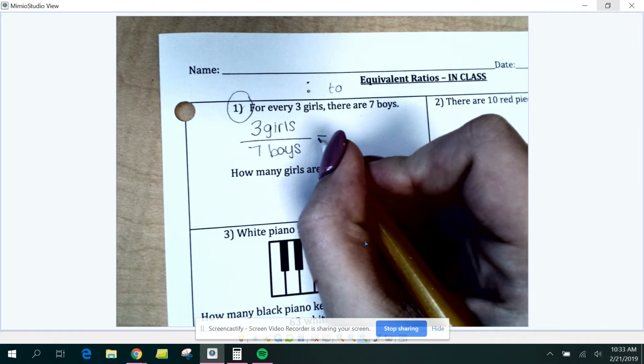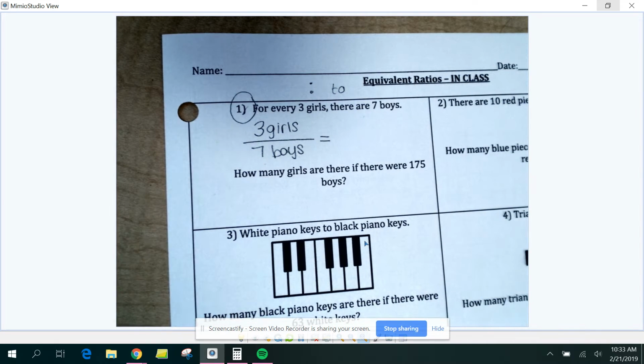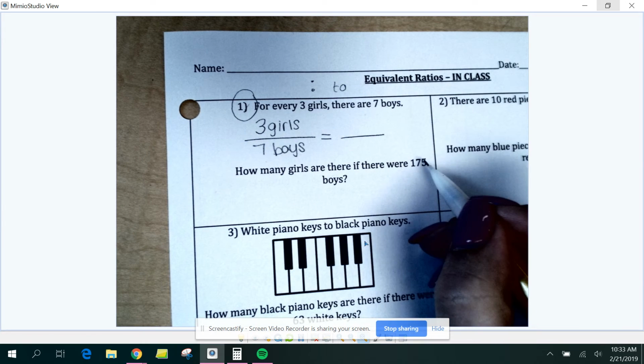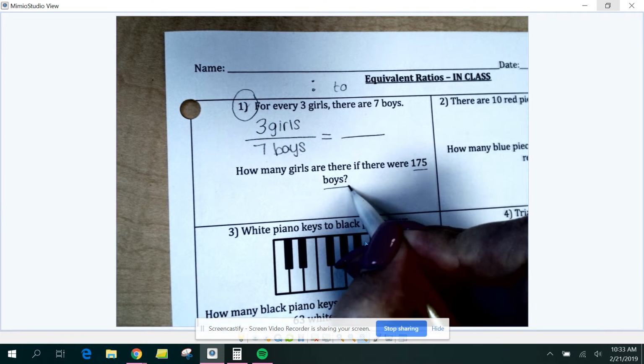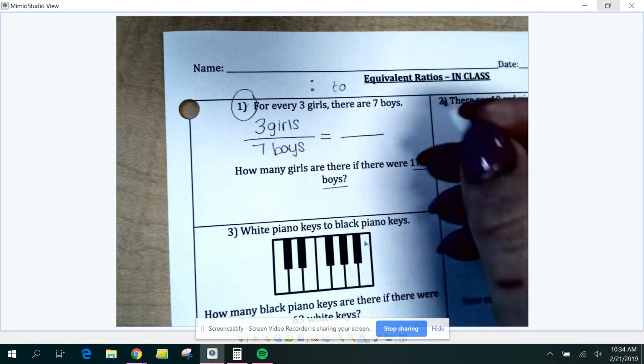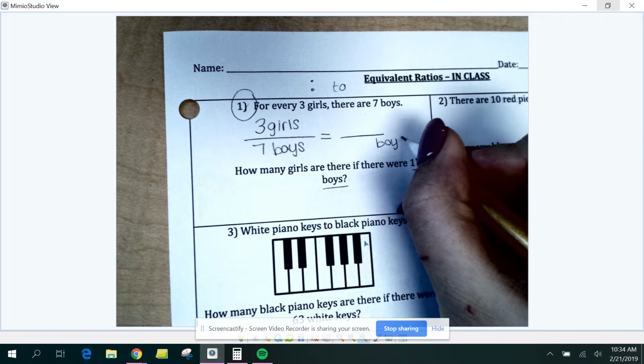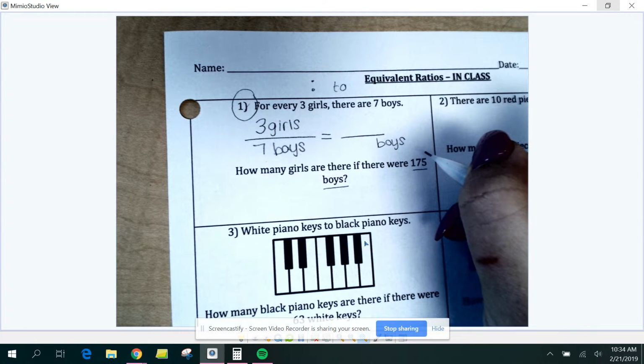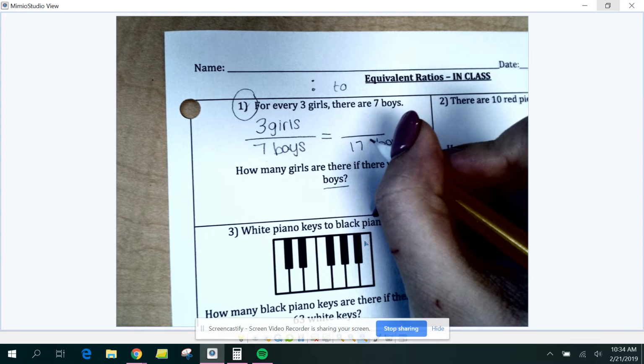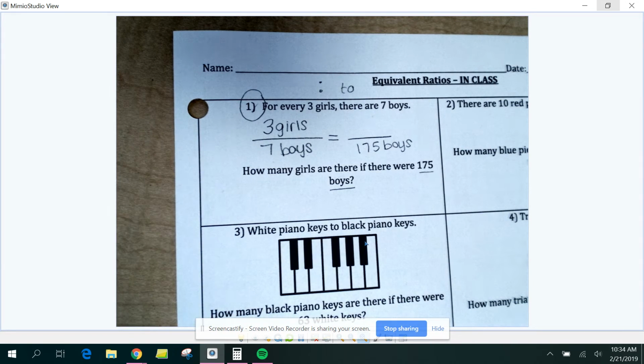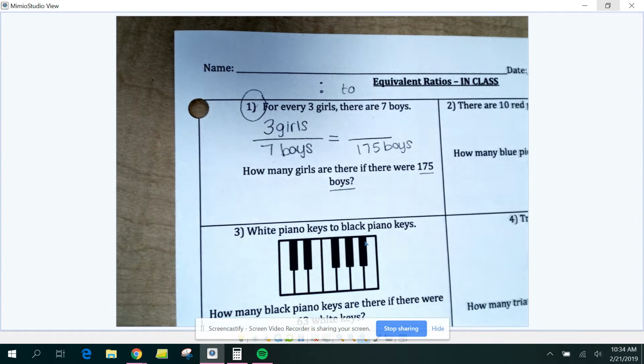So I have my original ratio, and next I have how many girls are there if there were 175 boys. So now I'm going to set it up like an equivalent fraction, which you guys have been doing since elementary school. So since it's talking about 175 boys, boys is on the bottom, so I'm going to put it on the bottom over here for this one as well. So 175 boys. So now I have to think, well, how do I get from 7 to 175?